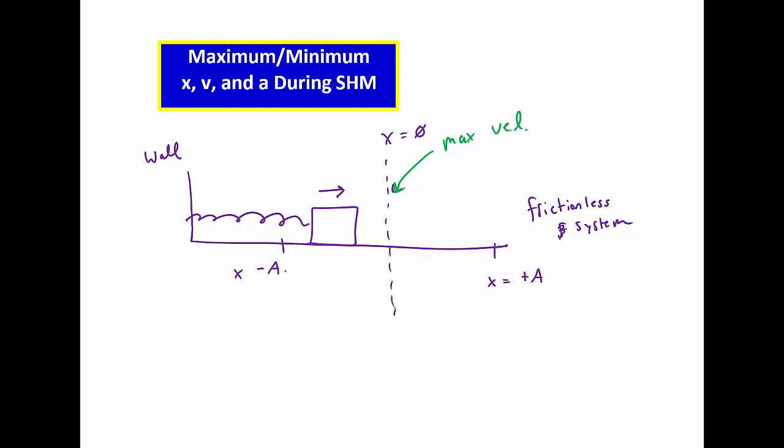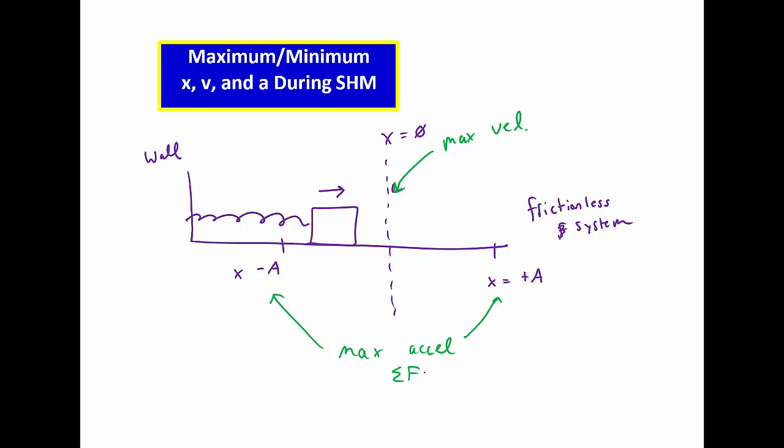So my next question is, where is the maximum acceleration value? The maximum acceleration is going to occur when there's the biggest net force. And because the displacement is directly proportional to the force of the spring, that maximum acceleration is going to occur when I have the maximum displacement.